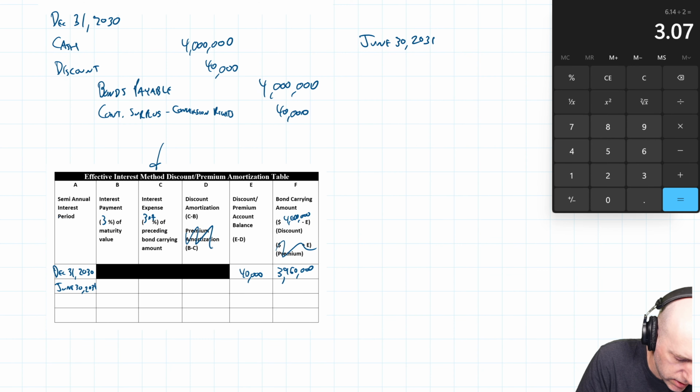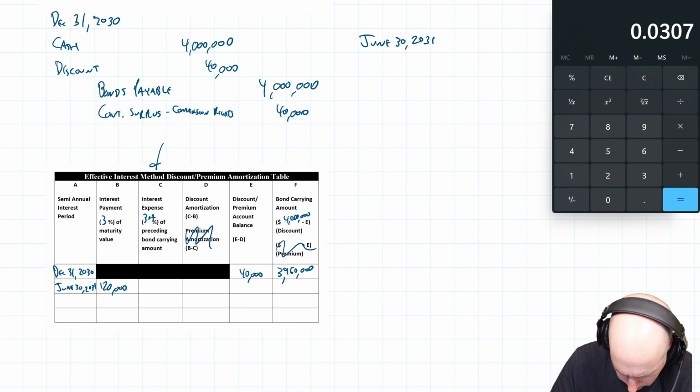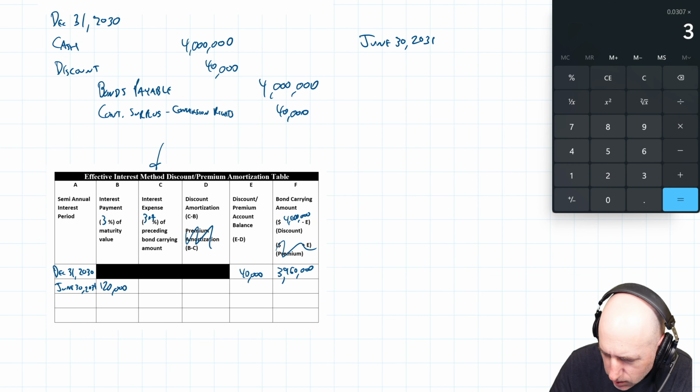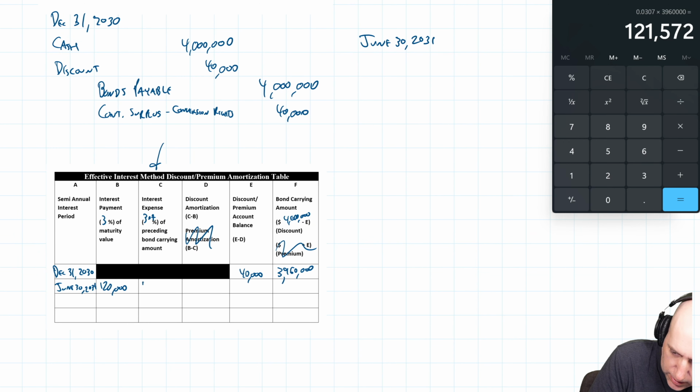This is, of course, a discount, not a premium. So 3% of the maturity value, 3% of $4 million is $120,000. 0.0307 times the preceding bond carrying amount, $3,960,000, is $121,572.